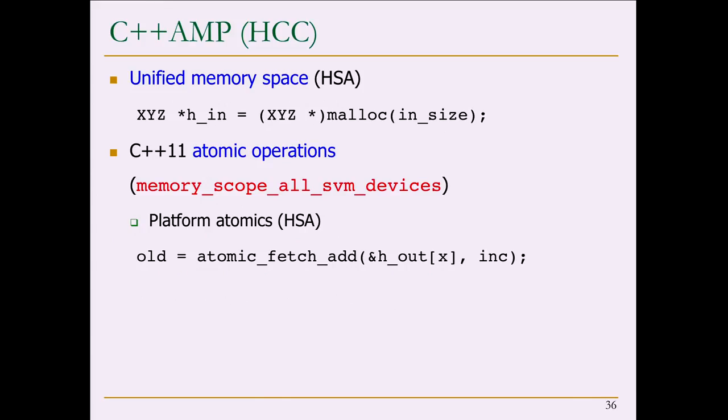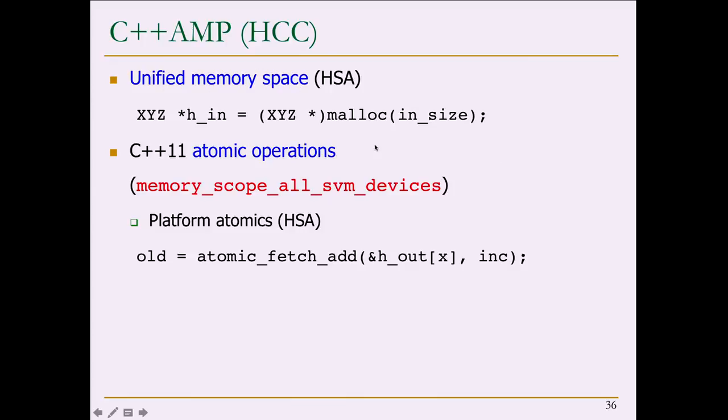And this is one more example, C++ AMP. I don't know if you are familiar with C++ AMP. It's a higher level programming language. It also has a similar concept, in this case, in the HSA architecture, actually, that uses this C++ AMP, or can be programmed with this C++ AMP. The similar concept is the unified memory space.